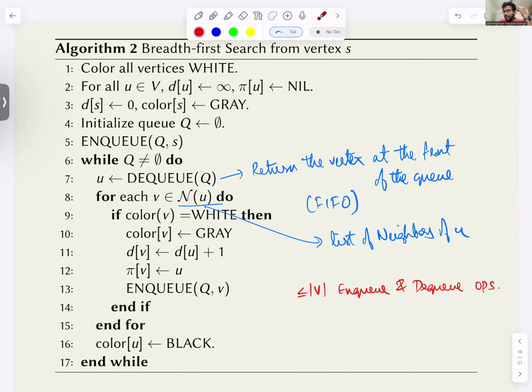Because if a graph is undirected, then V will be in the neighborhood of U as well as U will be in the neighborhood of V. So maybe I'll just say at most 2E times, or less than or equal to 2E times. This part happens at most 2E times.